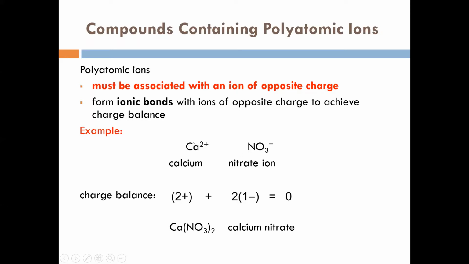Because I have a +2 and a -1, I only need 1 calcium ion, and for every 1 calcium ion, I need 2 nitrate ions to get complete charge balance: +2, and I want a -2 over here. To write out calcium nitrate, it's Ca, then in parentheses the polyatomic ion NO3, and then the number of them I need, the 2.